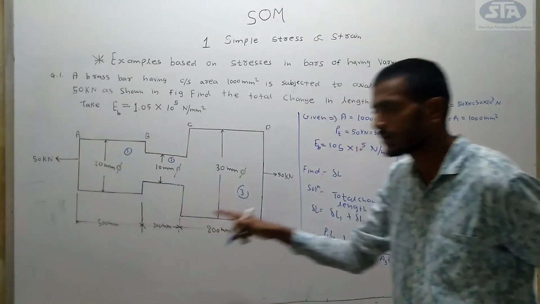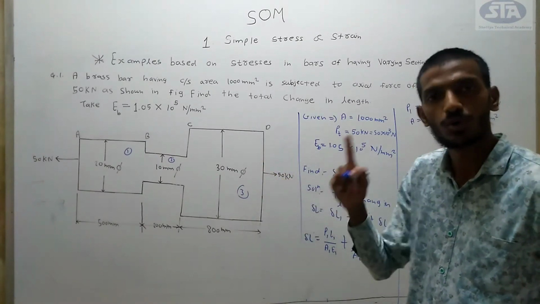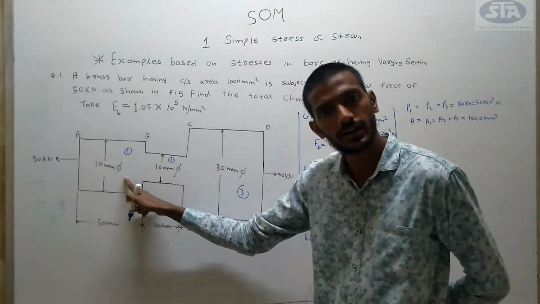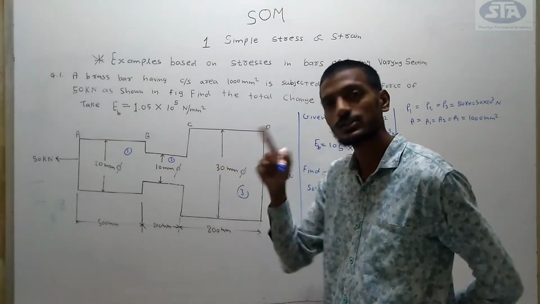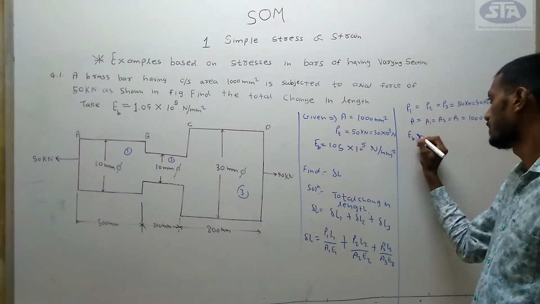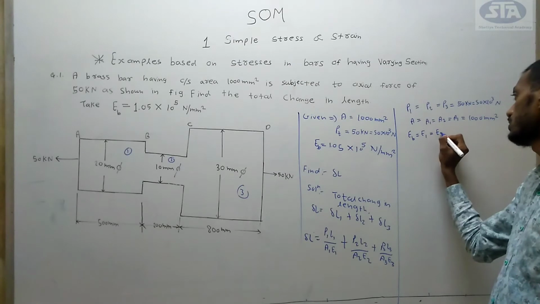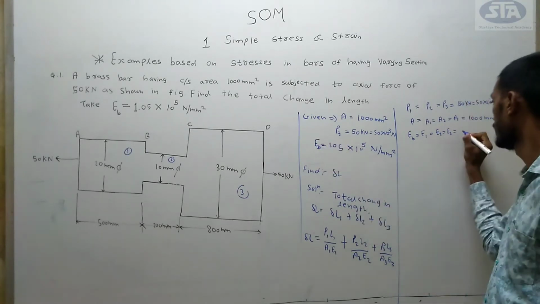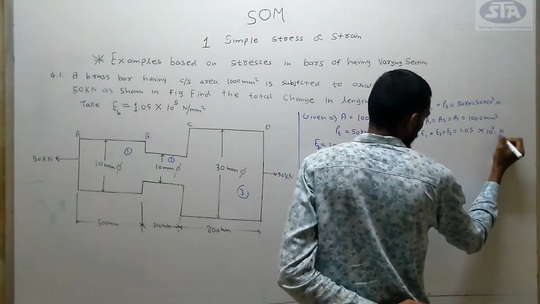Brass is the only material, so section 1, section 2 and section 3 are all brass. Hence E1 equal to E2 equal to E3, which is 1.05 into 10 raised to 5 Newton per mm square.